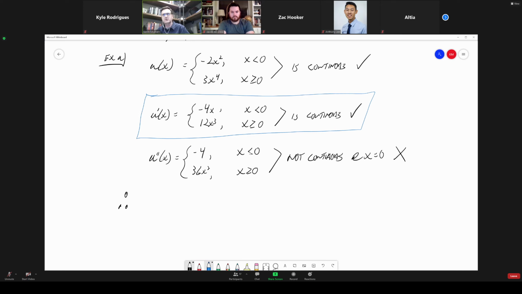Therefore, we can state u of x is contained within C1 of omega. So you keep taking the derivative, and whatever your highest continuous derivative is, that's the C that you can choose.